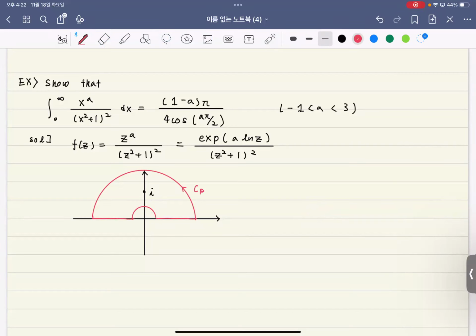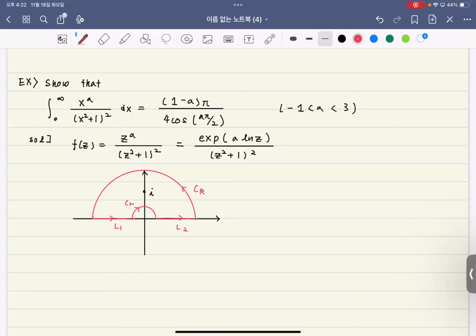As before, this is C_R, this is C small r, and this is L1 and L2. I want to consider the integration of this function about this contour, and the best branch for this contour should look somehow like this.